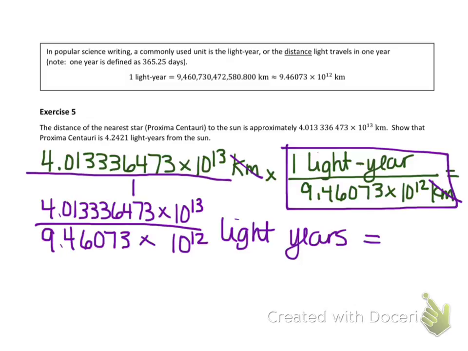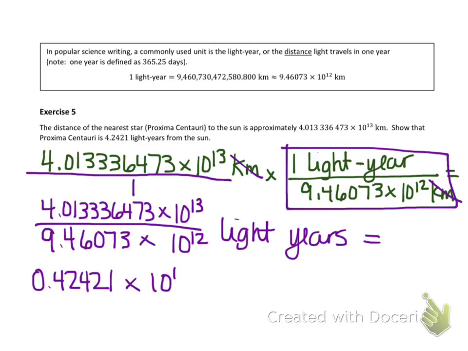So if I work on these separately, I would do the 4.01, all the way out to 6473 divided by 9.46073 on a calculator. The second part of it simplifies really easily for me.